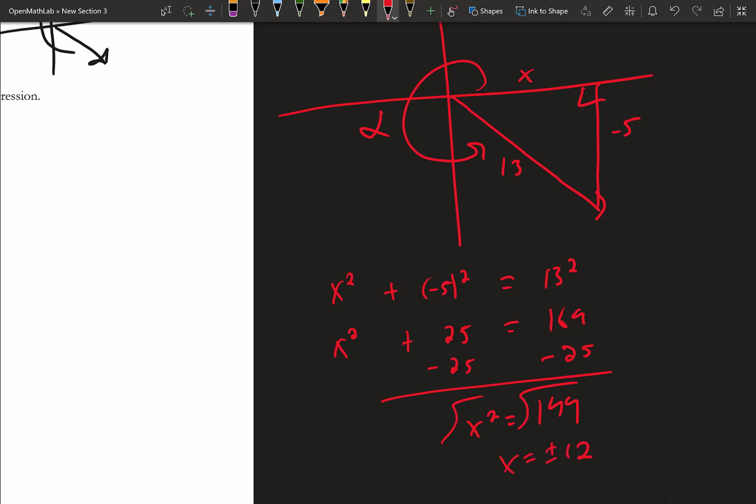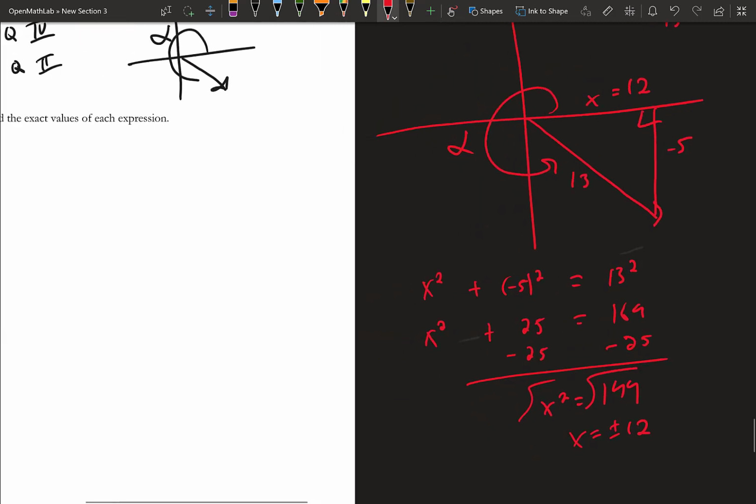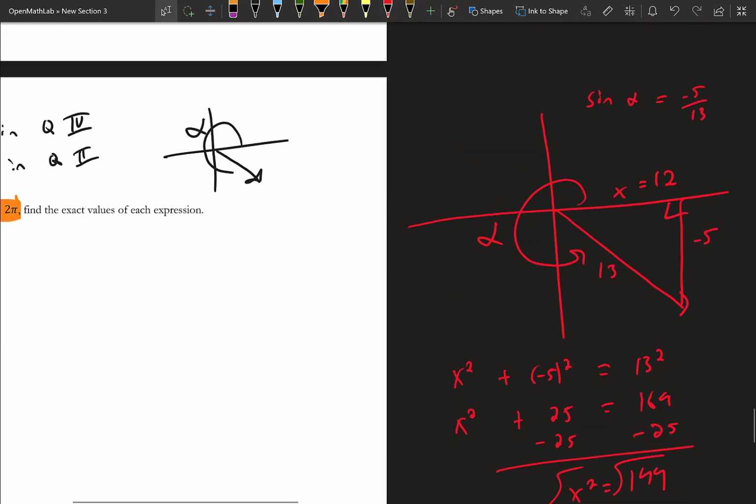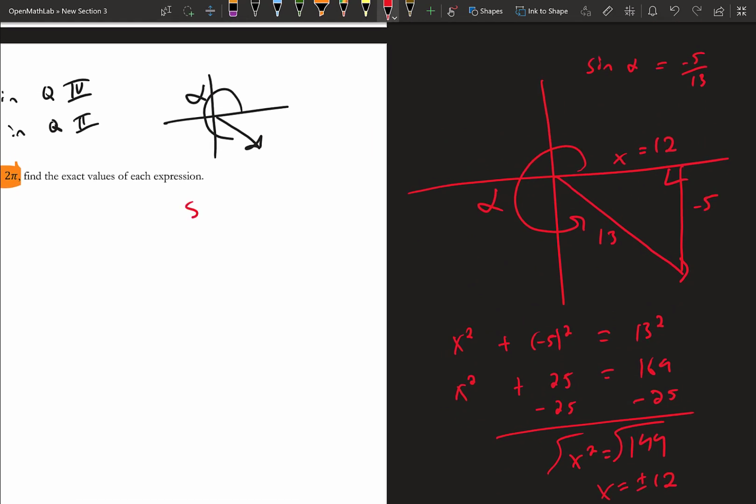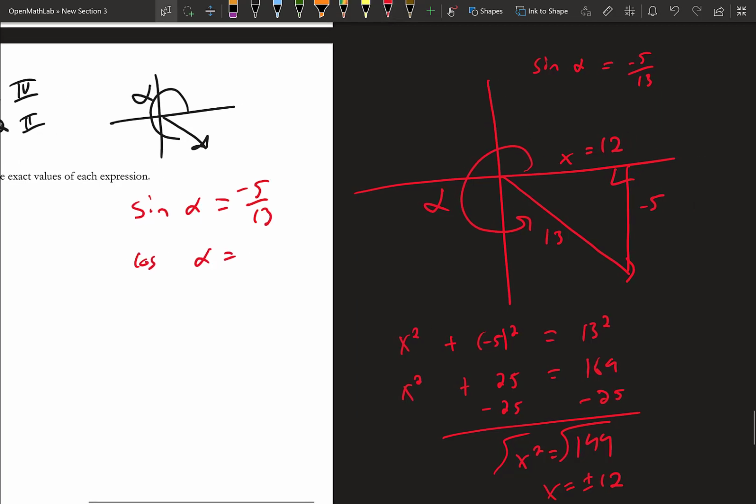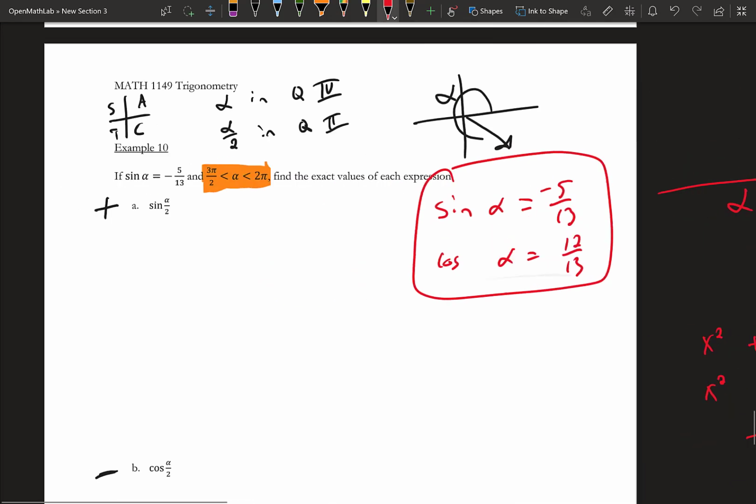We're in the fourth quadrant, so x is positive 12. So sine of alpha is equal to negative 5/13, and cosine of alpha is equal to 12/13.